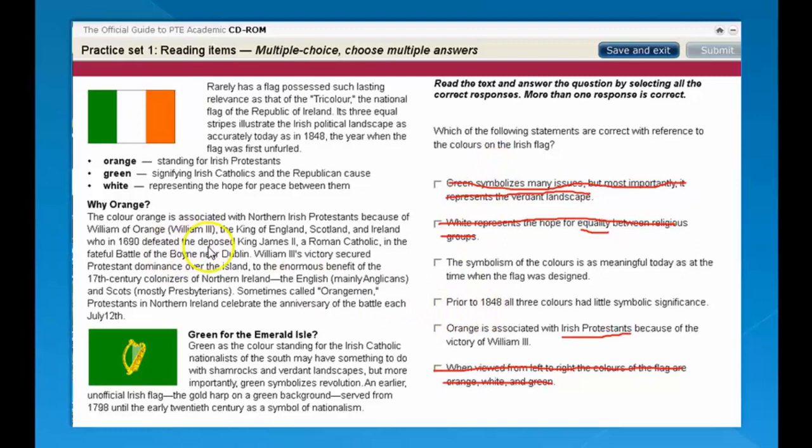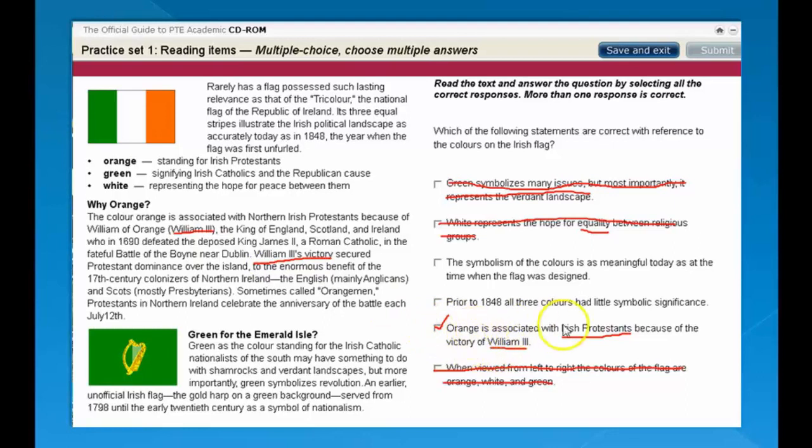Now it goes over why orange. The orange is associated with Northern Irish Protestants because of William of Orange, William III, which checks out here, the King of England and Scotland, who deposed the Roman Catholic king in the fateful battle. William III's victory. This one's correct.